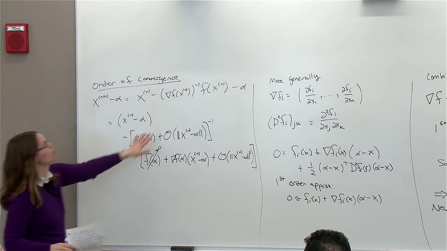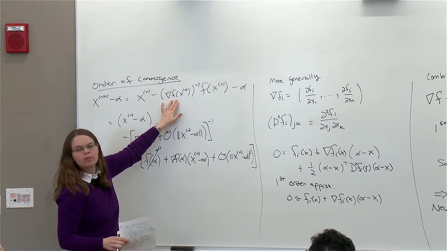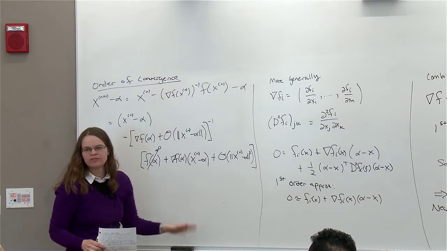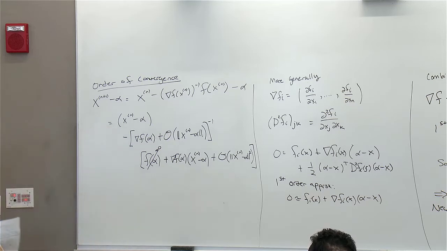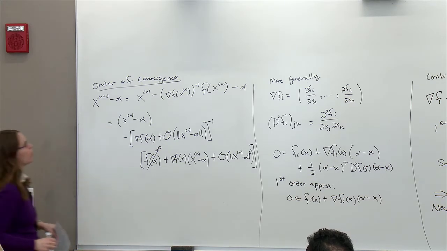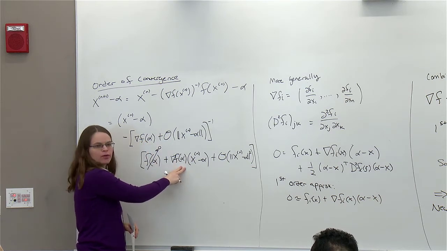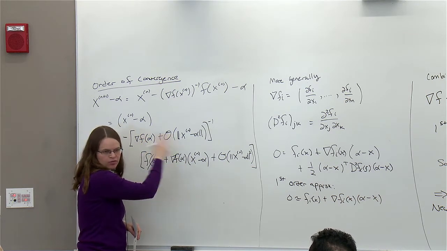So all I've done is Taylor expand and find the first non-trivial component, and I've left everything else as error. I haven't Taylor expanded any farther than I really need to. So I've got one non-zero component, so all I'm going to do is multiply these two non-zero components together and then figure out how big is whatever is left over.